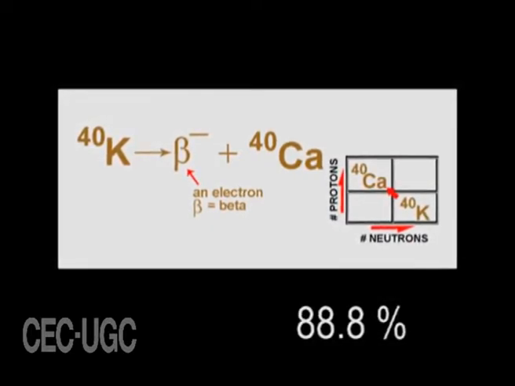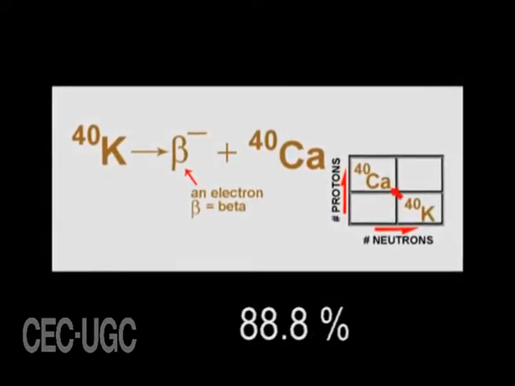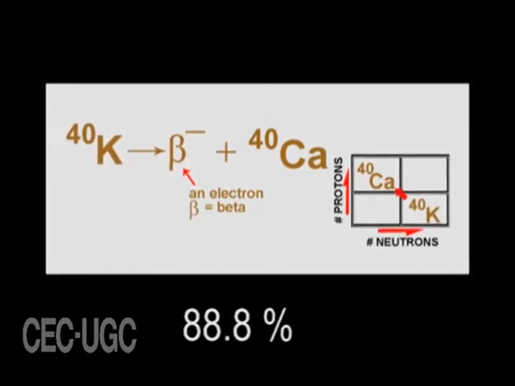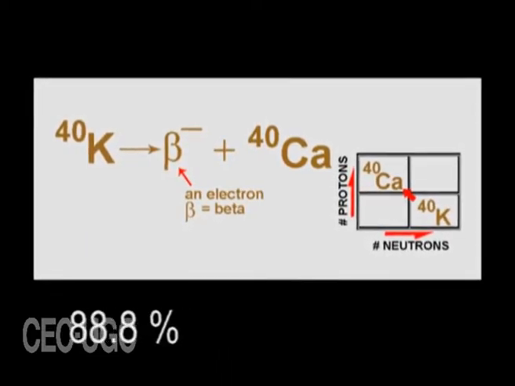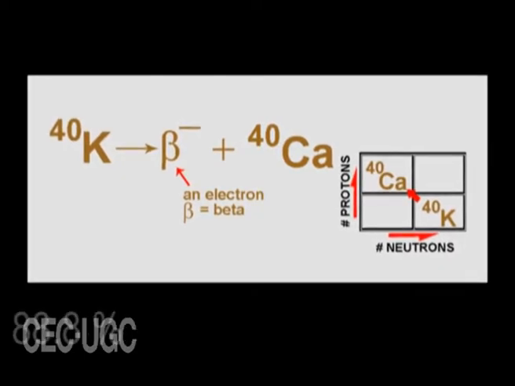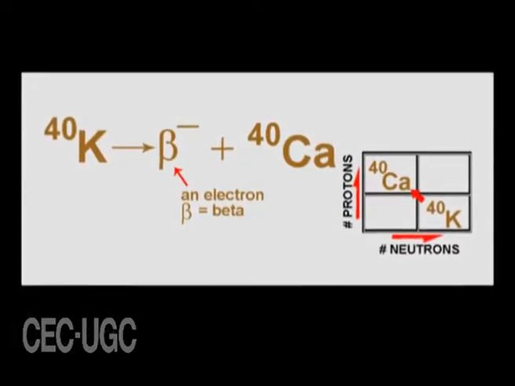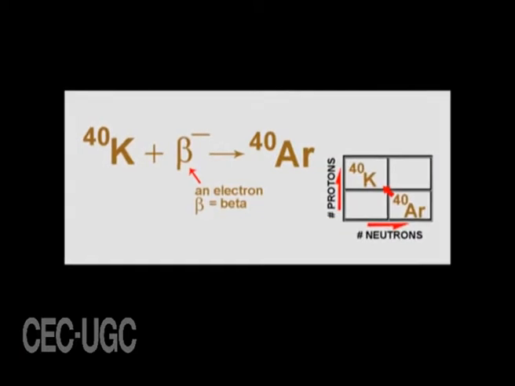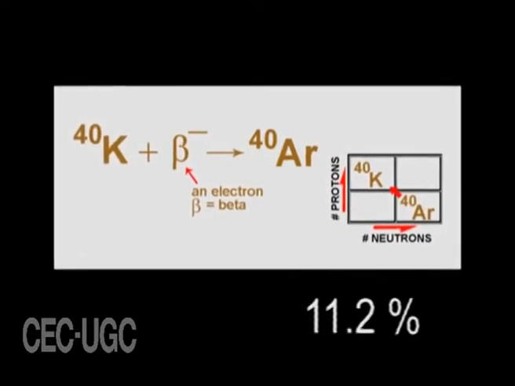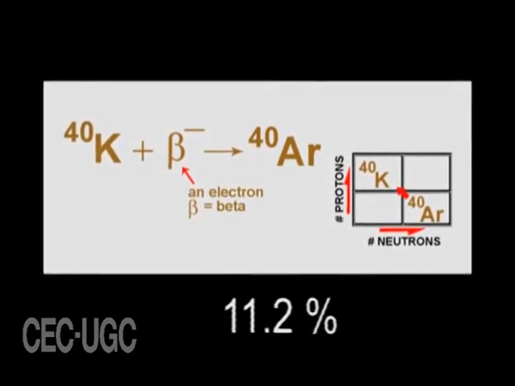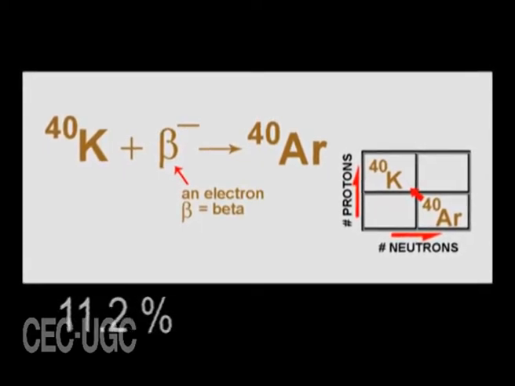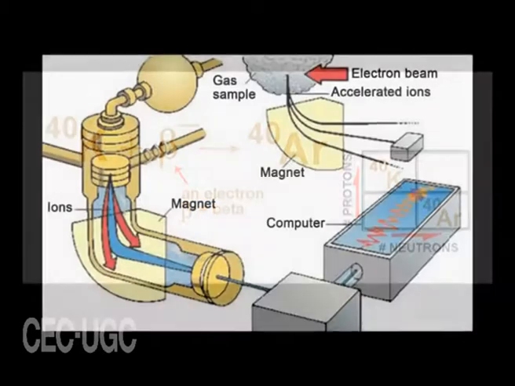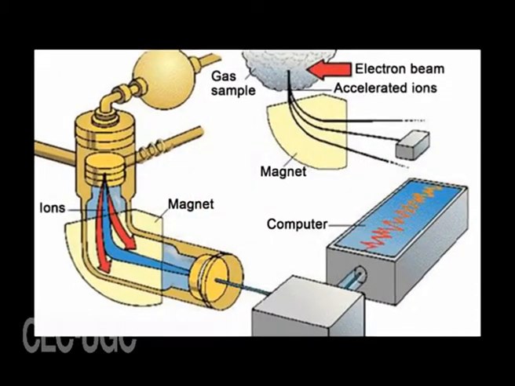88.8% of potassium K40 decays to calcium Ca40, that is calcium with mass number 40, by emission of an electron, a beta particle, and 11.2% of potassium 40 decays to argon Ar40 by a process called electron capture.